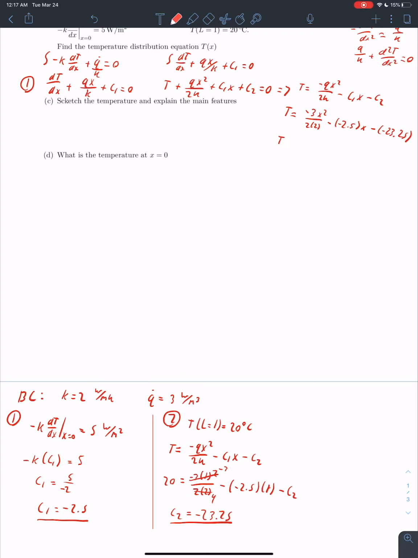So this is ultimately T(x) equal to negative 3x squared divided by 4 plus 2.5x plus 23.25. So that's the temperature distribution equation.